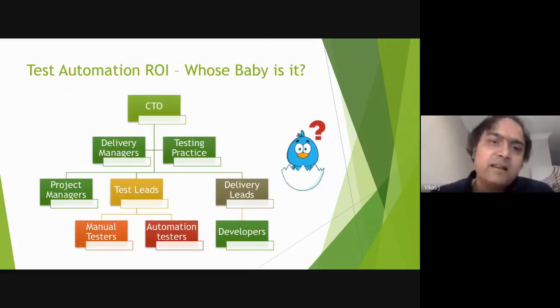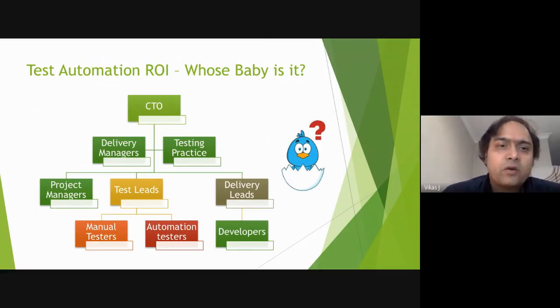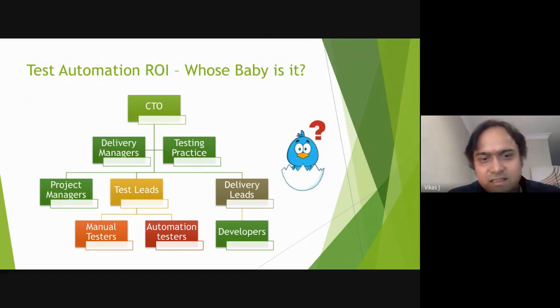Now, who should be concerned with test automation ROI? This is a typical org structure, right? At the top we have CTOs, below that we have delivery managers, then a parallel testing practice team, then we have project managers, test leads, delivery leads, and we have manual testers, automation testers, and developers reporting accordingly.